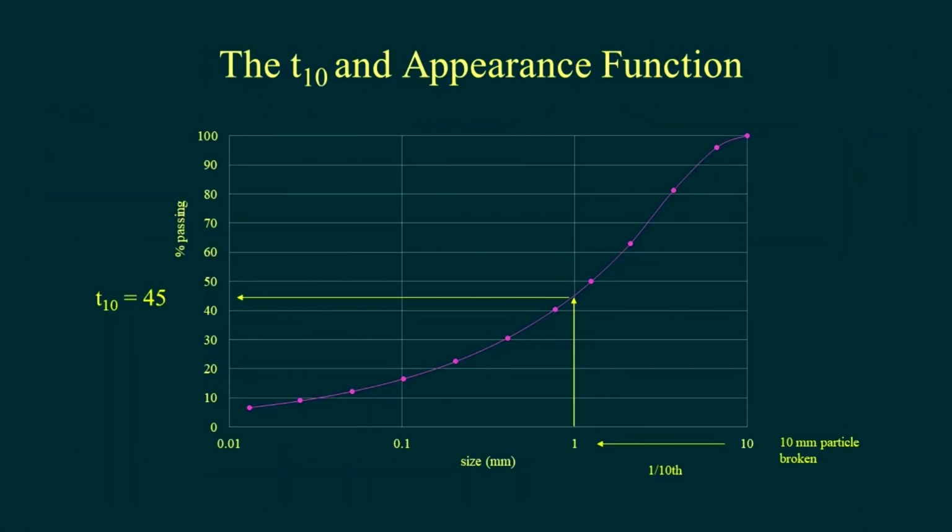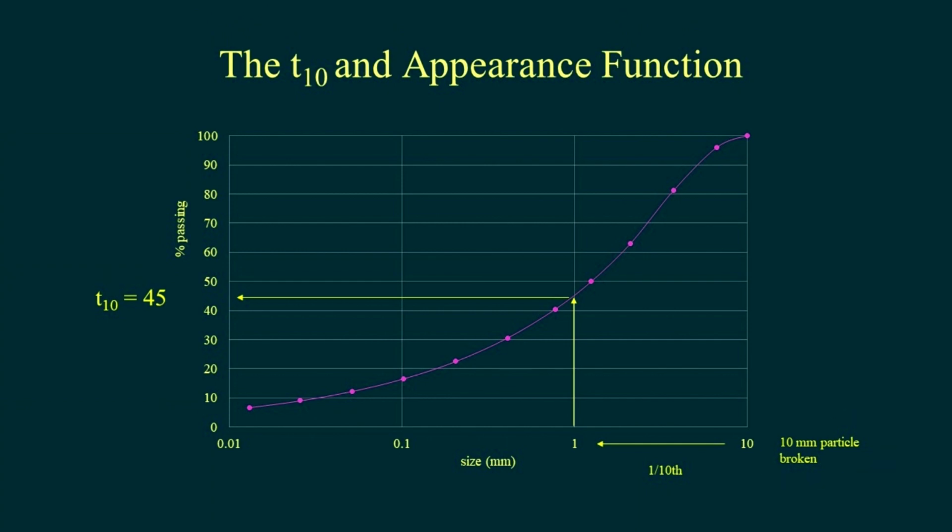The way that the appearance function is handled in your model is through this T10 parameter. Remember what I said before, I'm not going to go into too much detail with this because I understand the concept bothers some people. This is a product size distribution from a crushing event. In this particular case, it was a 10 millimeter particle.